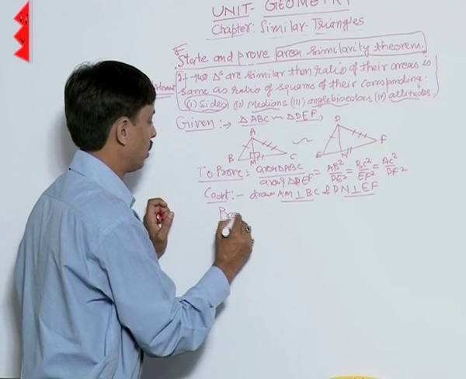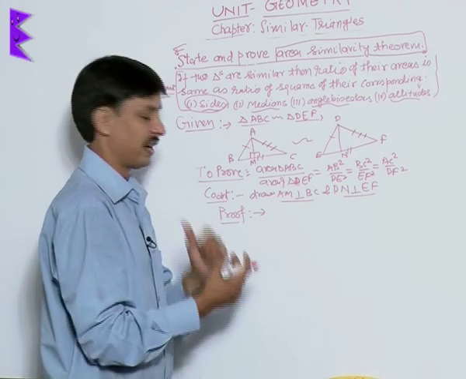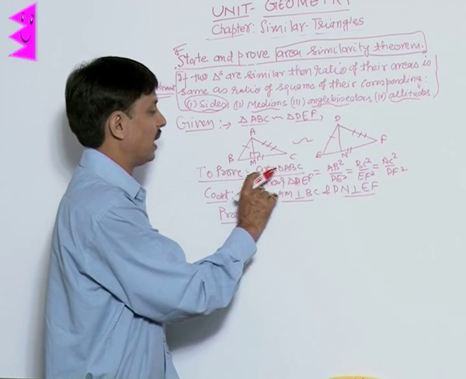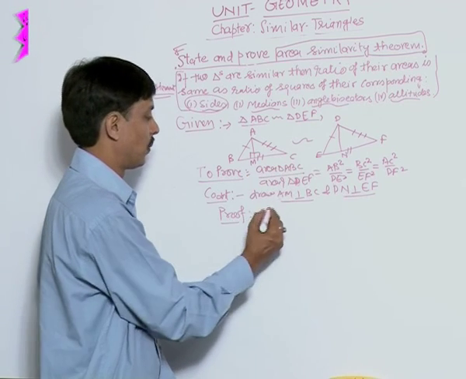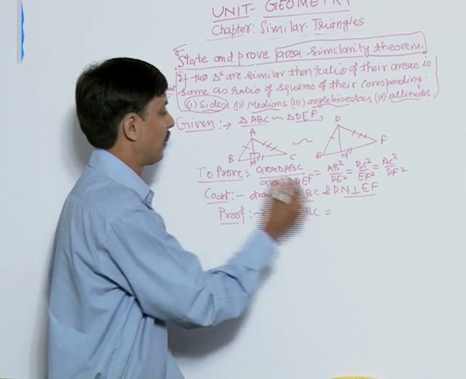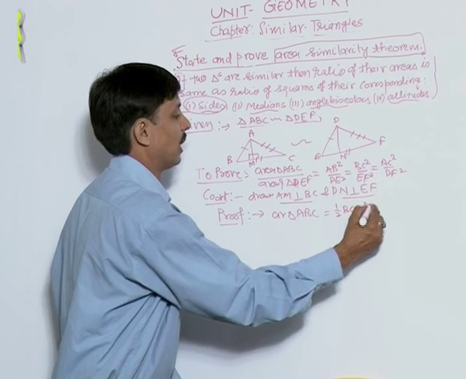Now we begin with the last and main part of the theorem, the proof. I want to find the ratio of areas. First of all, I will write the area of triangle ABC. Area of triangle ABC is half BC into AM.